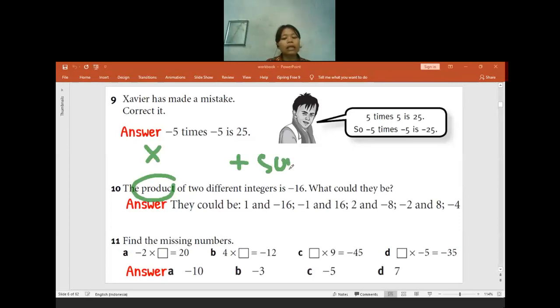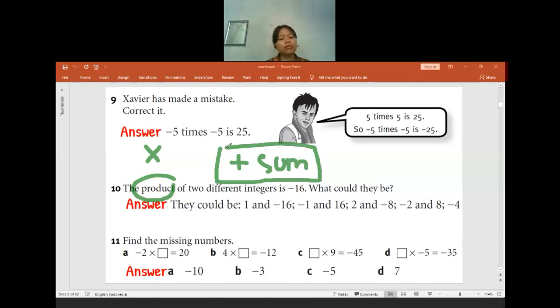Some of you wrote negative 8 plus negative 8 equals negative 16. No, because product means times. If it is addition, it will be sum. These may be terms you are not yet used to.